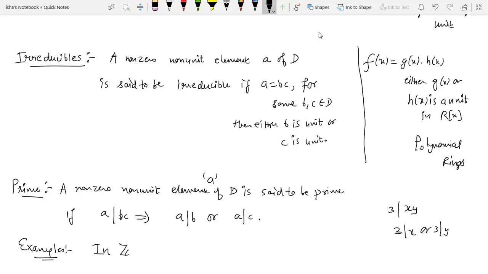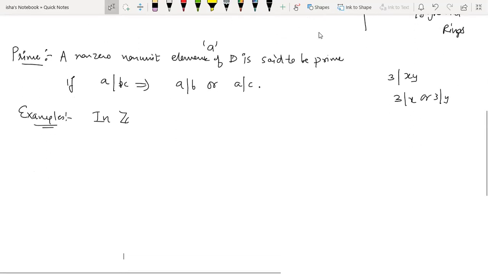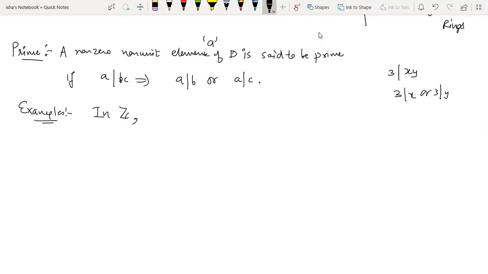Again, let's take the simplest example, the ring of integers. In the ring of integers, we know 3, 5, 7 are prime numbers, and they obviously satisfy this definition, as I just explained.